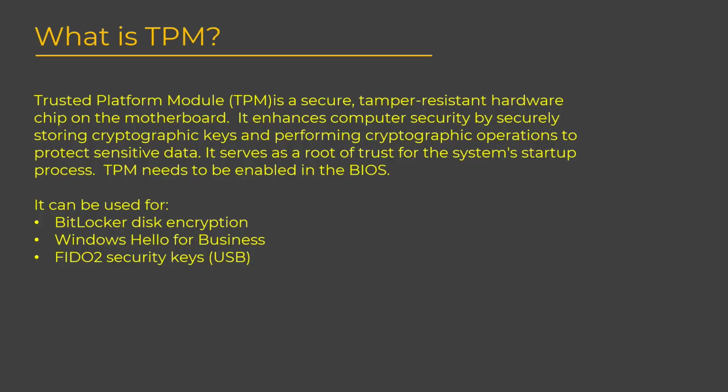Windows Hello for Business, and FIDO2 security keys, which are basically USB flash drives. Just a little bit about FIDO2 security keys: YubiKey is a very popular one. They have a fingerprint reader on it. It's a multi-factor authentication device.